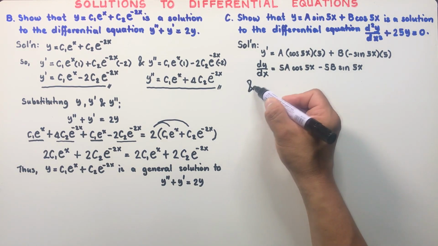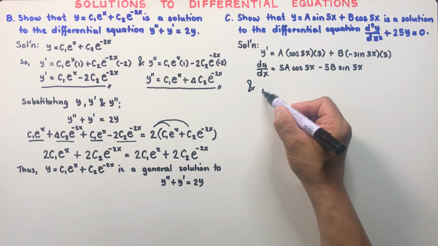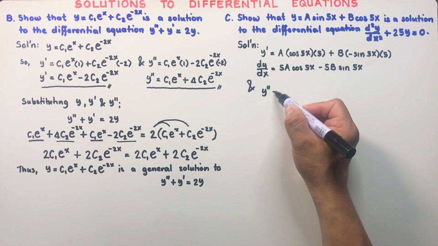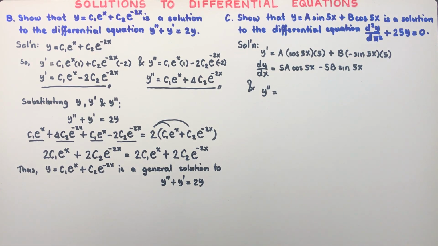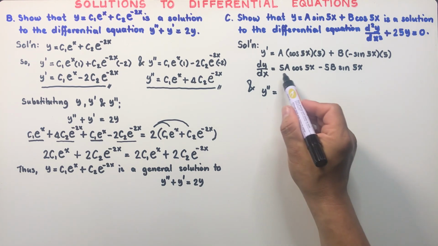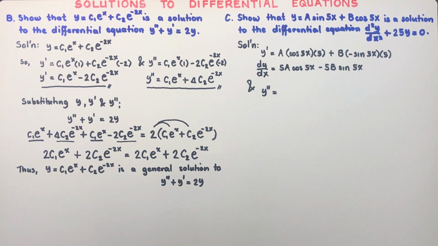And of course, we need to solve the second derivative. So what is our second derivative? The second derivative is the derivative of our first derivative.